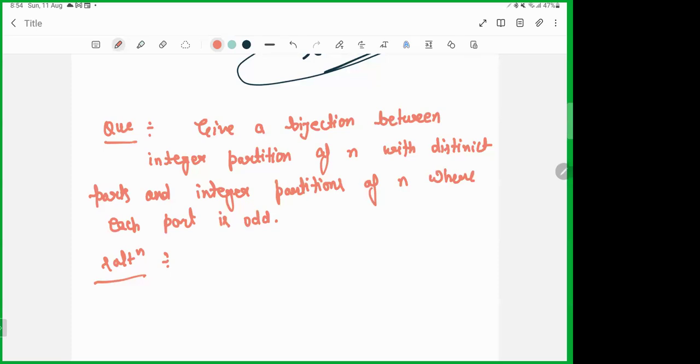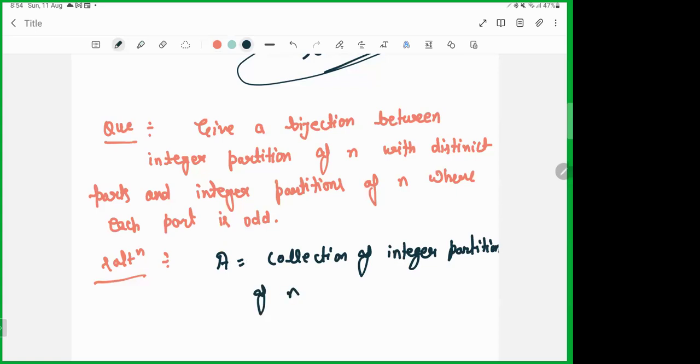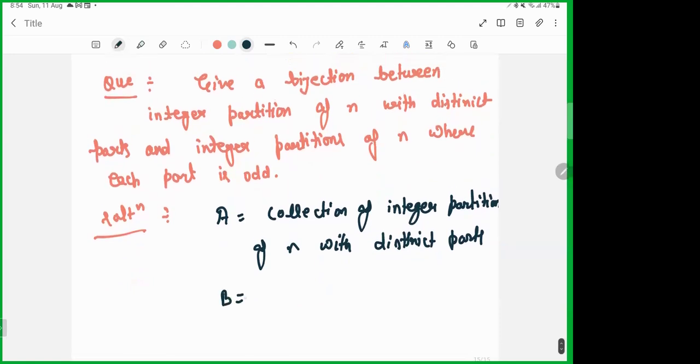So let's denote: A is a collection of integer partitions of n with distinct parts, and B is a collection of integer partitions of n where each part is odd.